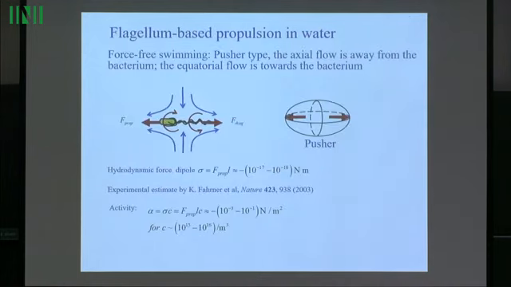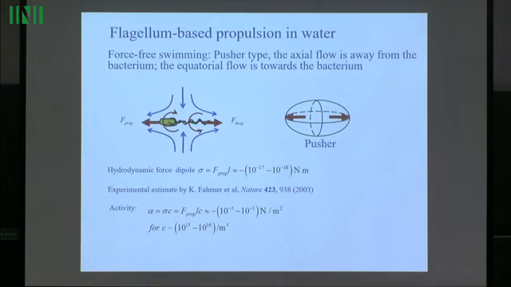So now, after we understood how the bacterium is moving, we can think how to simplify the problem, as physicists always do. So the bacterium rotates the flagellum because the torque should be balanced. The head must rotate in the opposite direction, maybe with a smaller angular velocity.